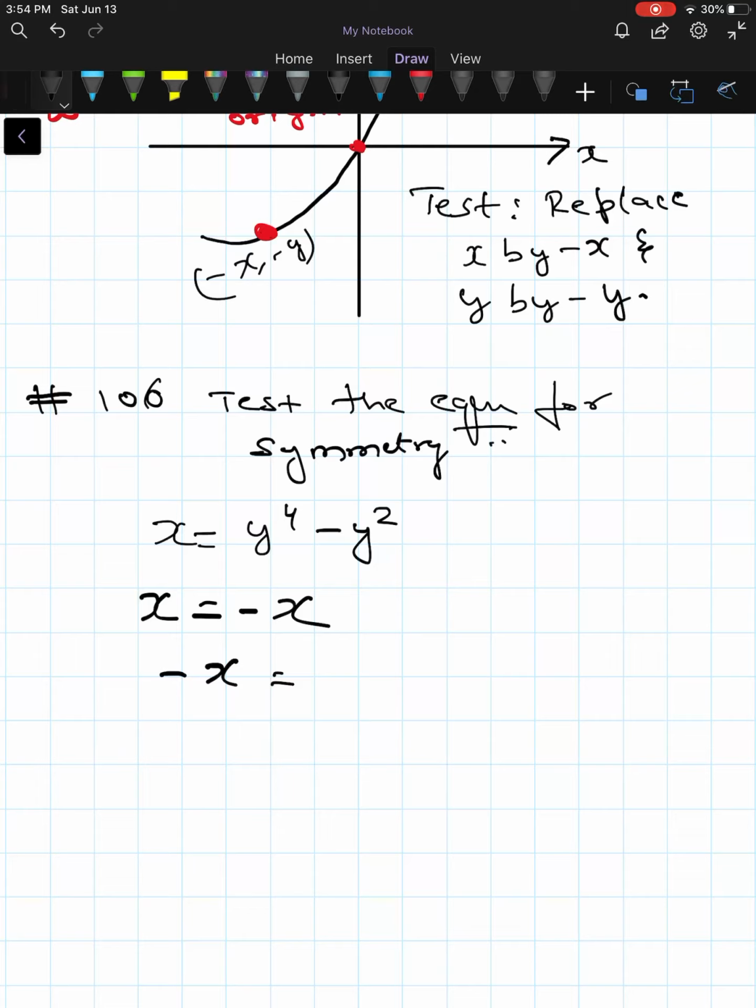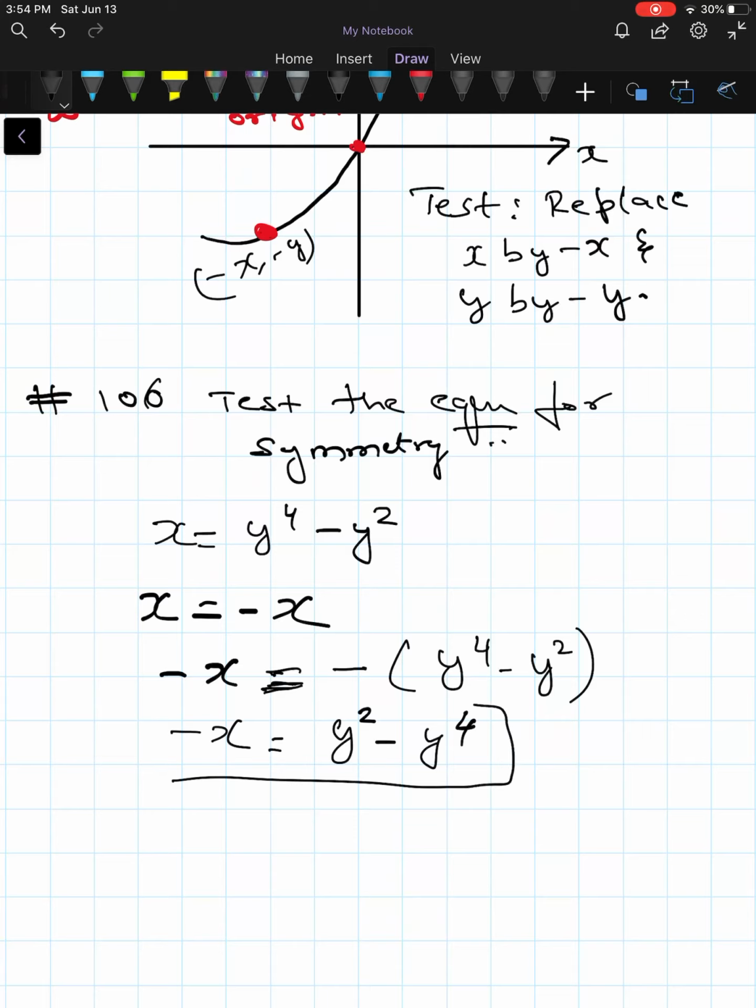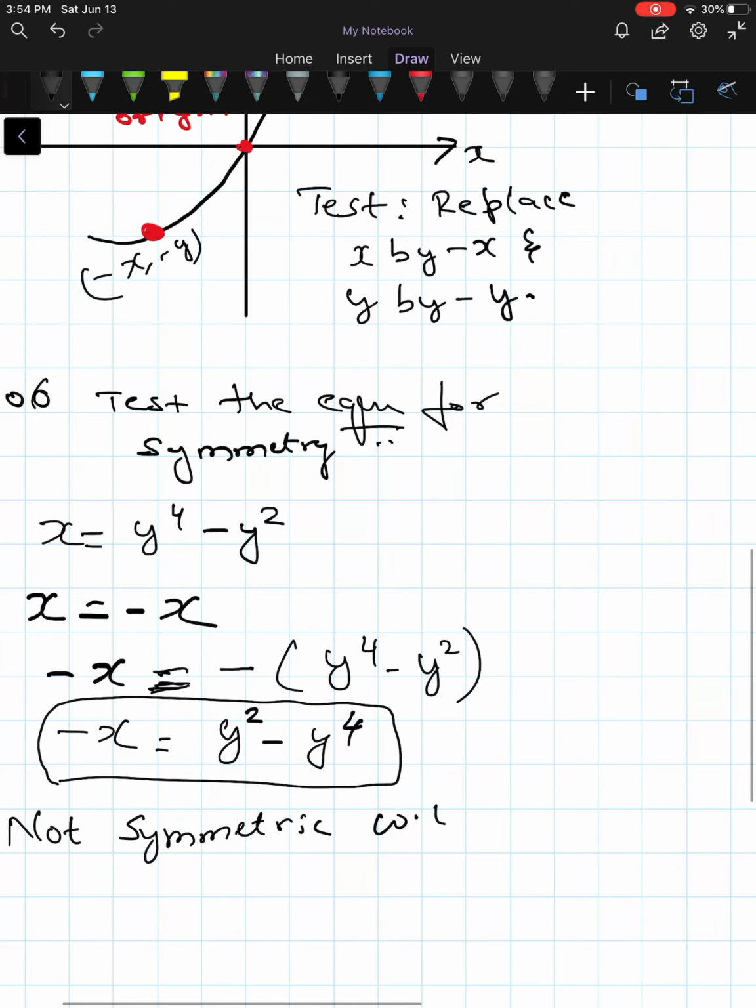Negative x is equal to negative of y to the power of 4 minus y square, so negative x is equal to y square minus y to the power of 4. So this is changing the equation. Therefore this is not symmetric with respect to the y-axis.